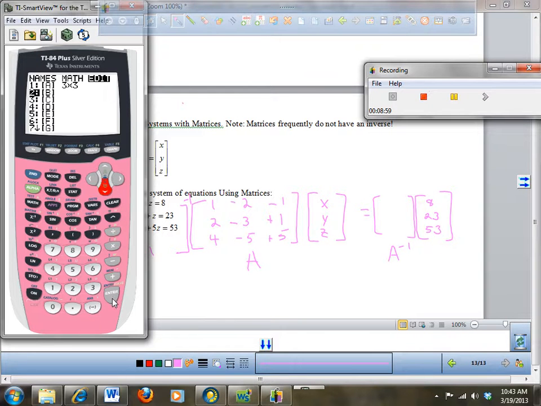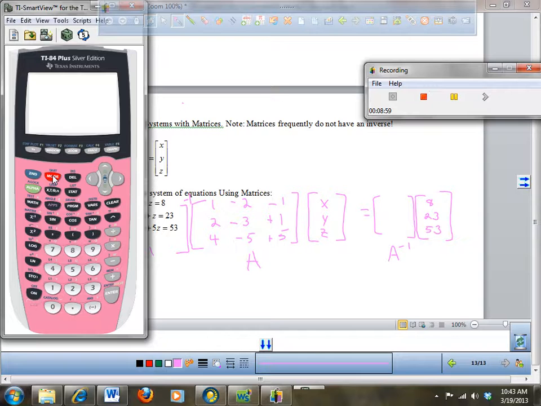So it's 3 rows by 1 column. Or is that a 1 by 3? We'll see in a minute. 3 by 1, and if I hit enter, there we go, that's a 3 by 1 matrix. And then I go down here and I put in those numbers, 8, enter, 23, enter, and 53, enter, and then I go second quit.